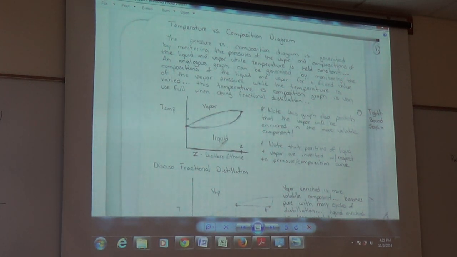And so, if this is component A on the x-axis, then when we go all the way over here to ZA equal to 1, we have pure A. If we go all the way over here, where ZA is equal to 0, we have pure B. Oh, right. Okay. Yeah.